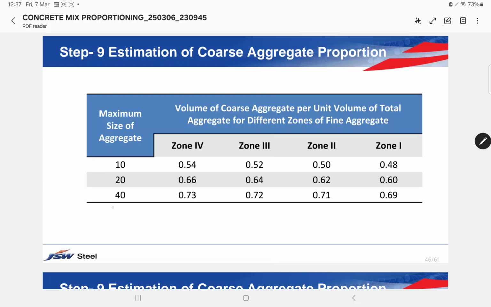For different maximum sizes of aggregate and different zones of fine aggregate, there are different volumes of coarse aggregate. In our case, the maximum aggregate size is 20, and from the test we know that the fine aggregate is falling under zone 1. So 60% is the volume of coarse aggregate from the total aggregate.